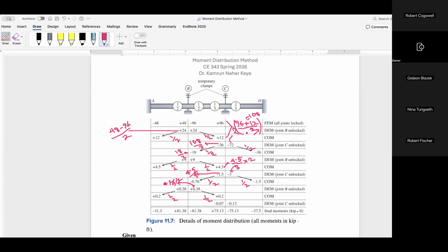I showed the calculation and when you go back home, you can do it by yourself. But again, those red marks you don't need to show me. So it's minus 72. And now it's carry over half, 36. Make sense?